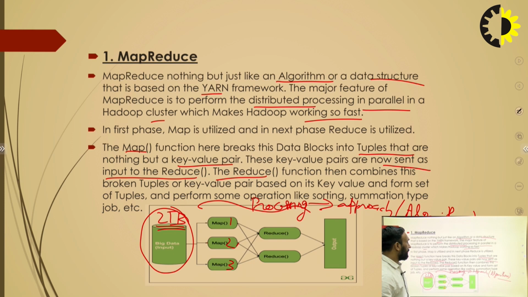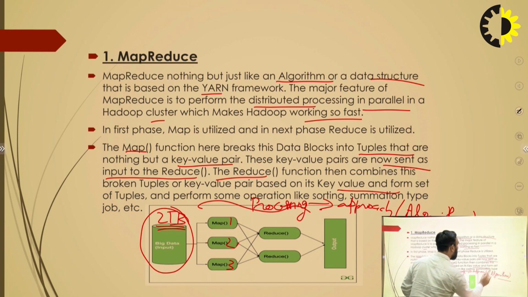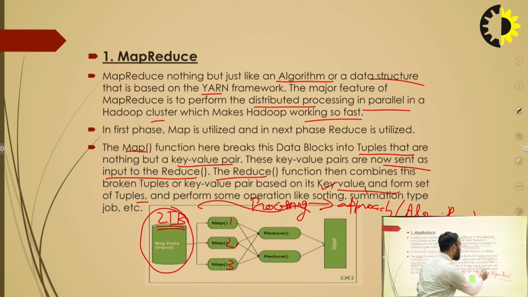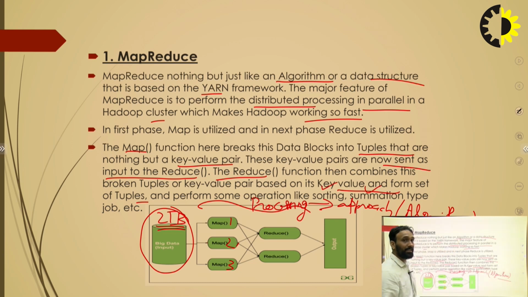And the reduce function then combines these broken tuples or key value pairs based on their key value and forms a set of tuples and performs some operations. What type of operations are performed after reducing this data? Like sorting, summation type jobs, etc.